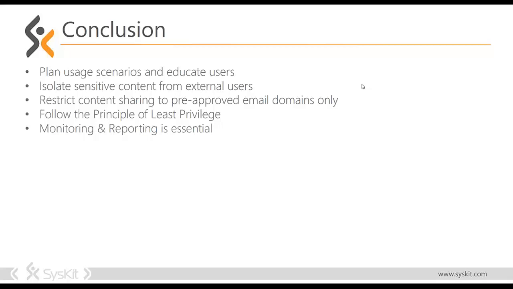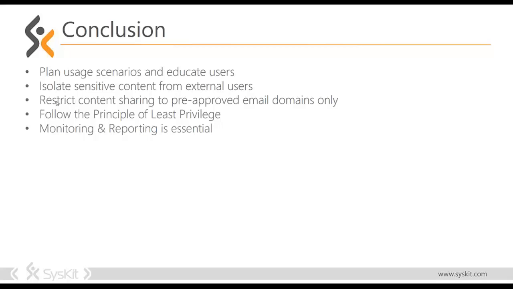And this is why you should isolate sensitive content from external users. And this is done by placing sensitive content to different site collections, and those site collections should have external sharing completely disabled. So have a clear border which content is meant for internal users and what is meant for collaboration with external users.